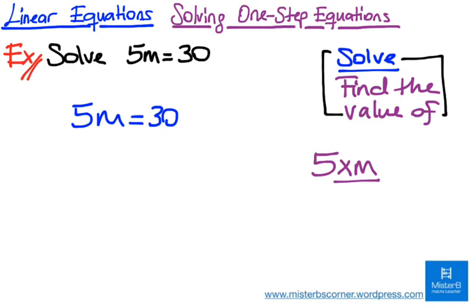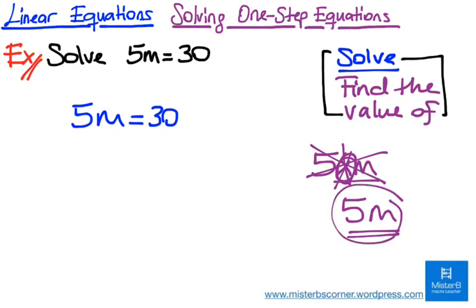So instead of writing 5 times m like this, I write 5m, and I read this as 5 times m. We just write 5m, but we must know that the operation in between 5 and m is multiplication.